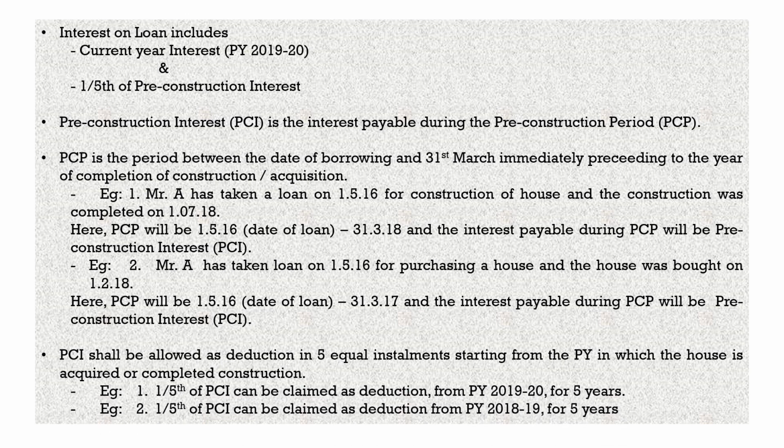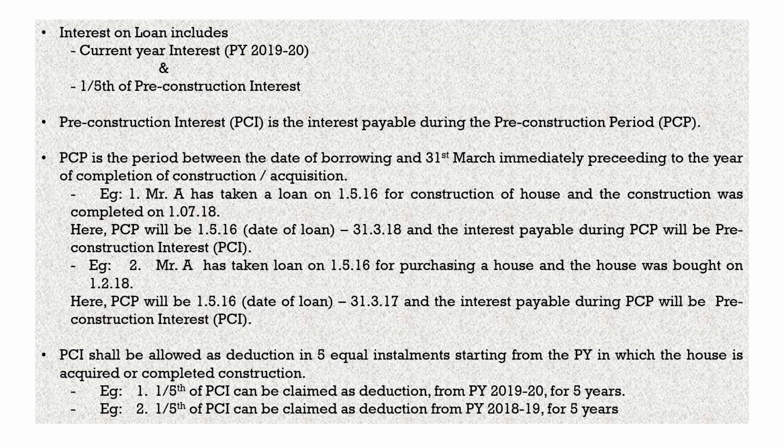For the same example, the pre-construction interest will be claimed as deduction from the previous year 2019-20 because the date of construction is 1/7/18, that is the previous year 18-19. Hence, the pre-construction interest will be allowed as deduction from 2019-20 in the first example.